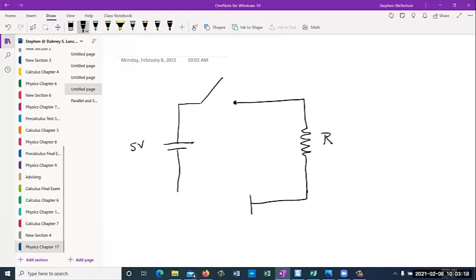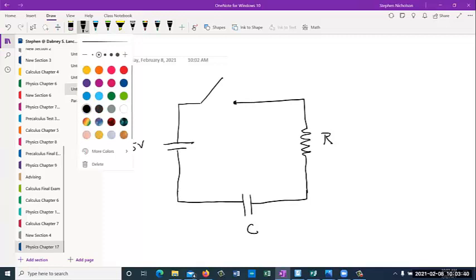So we're incorporating the two things we've talked about so far, resistance and capacitance. What I'm going to try to do here is just describe qualitatively what happens when you close this switch. So we're going to close the switch.